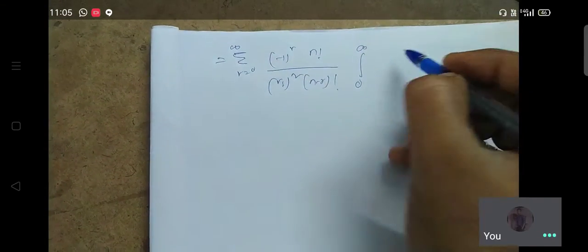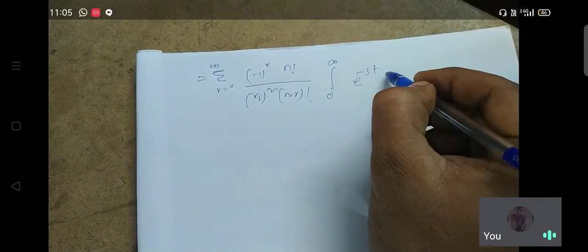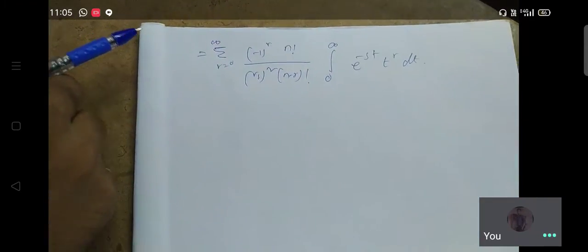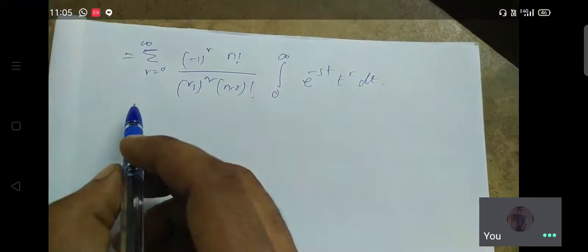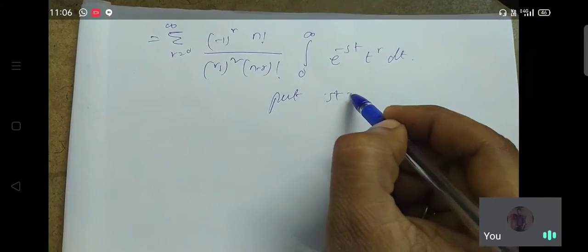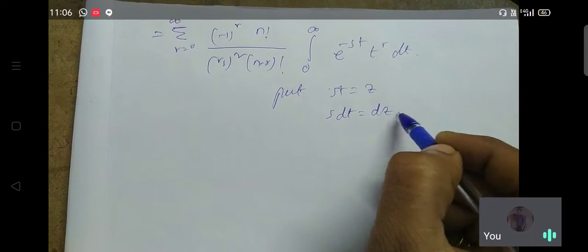Now, for the integral of e^(-st) t^r dt, put st equal to some z, so s dt is equal to dz.